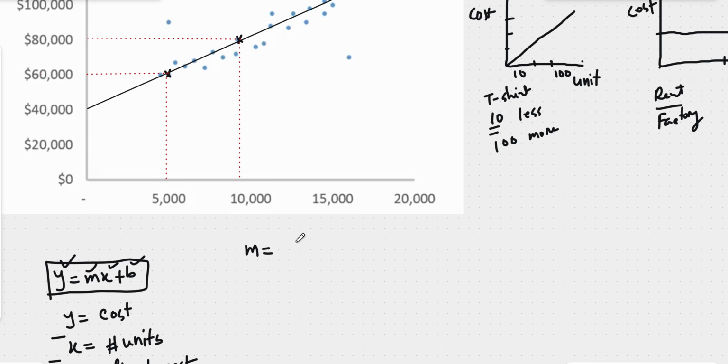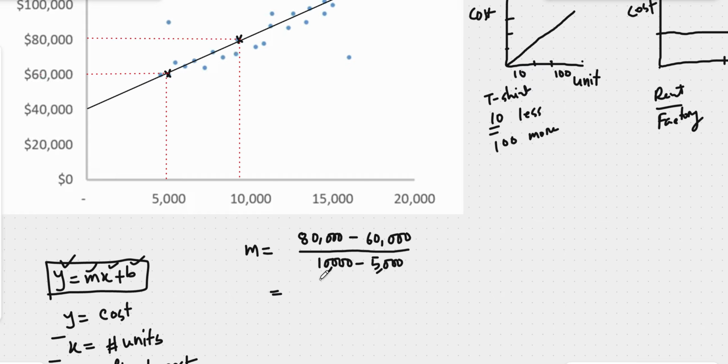M equals 80,000 minus 60,000, divided by the number of units, 10,000 minus 5,000.